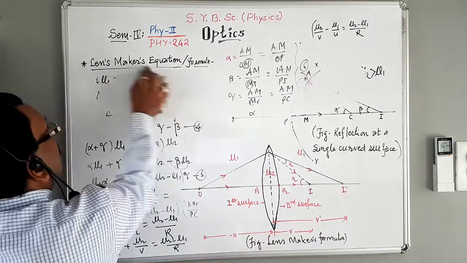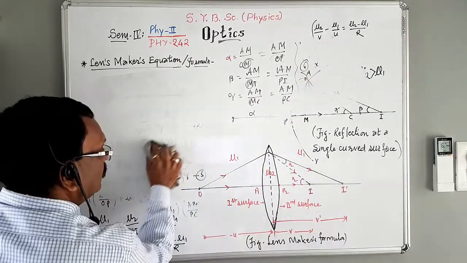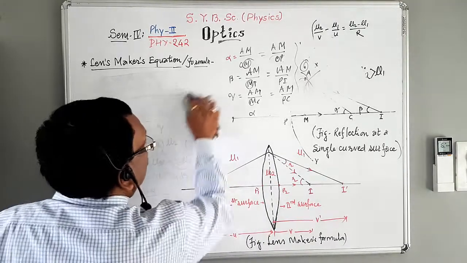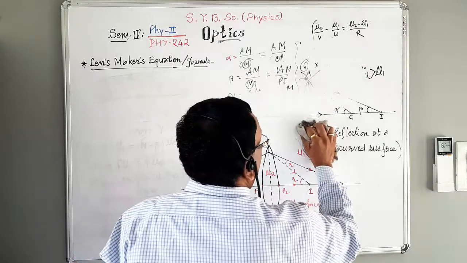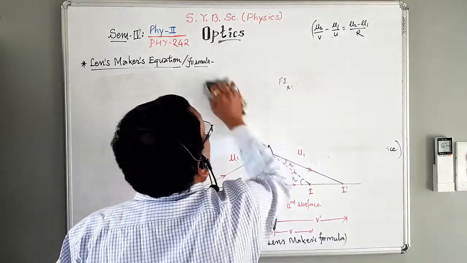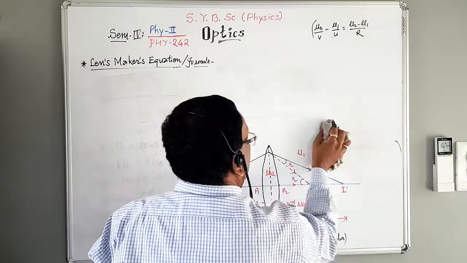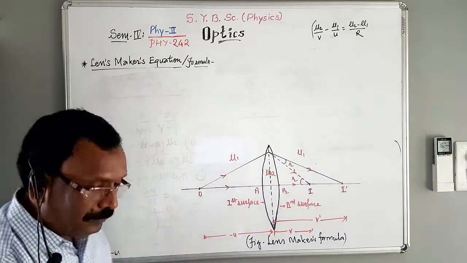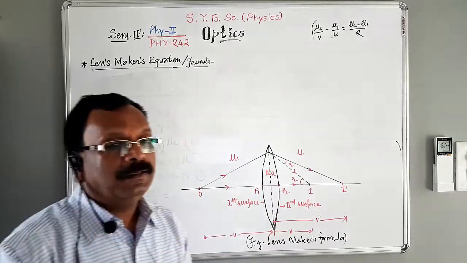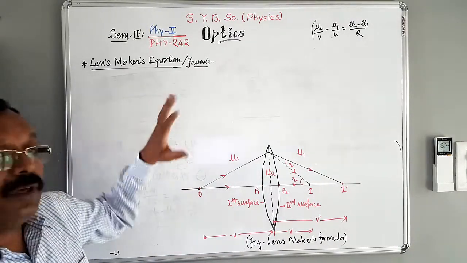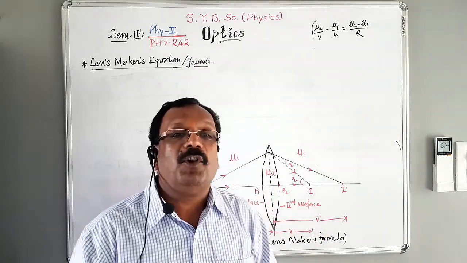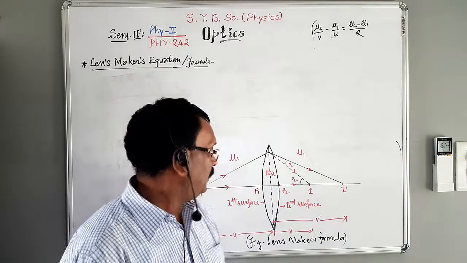So remember this. We are going to obtain the lens formula for two surfaces. To obtain the lens maker formula, consider this diagram.